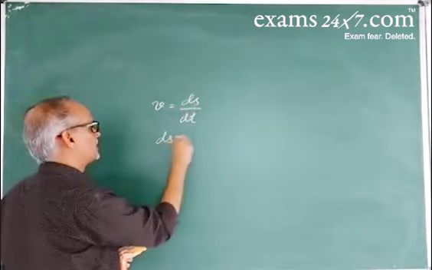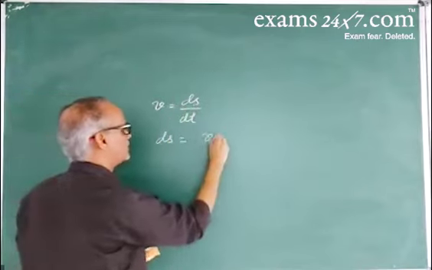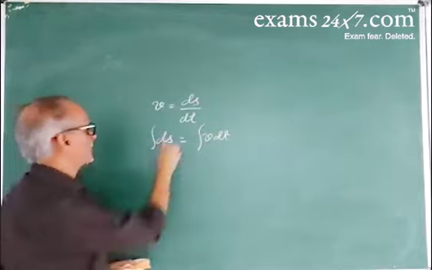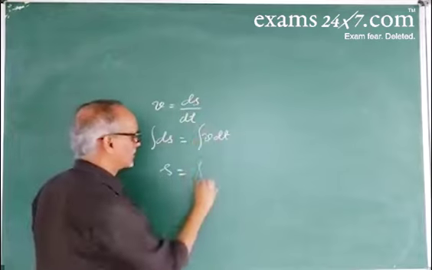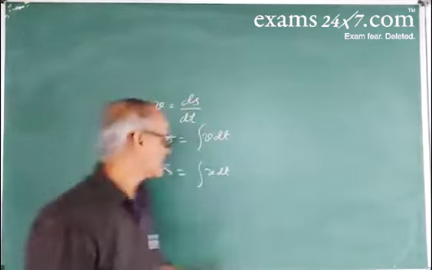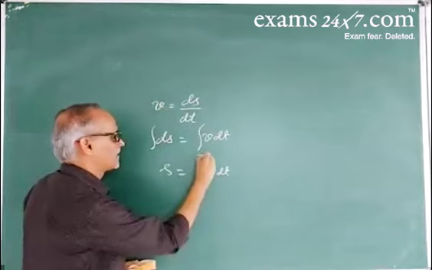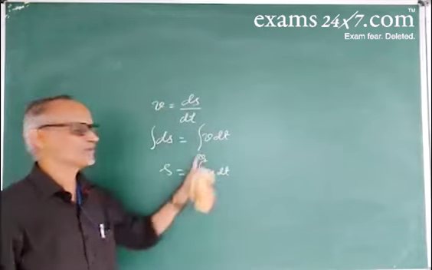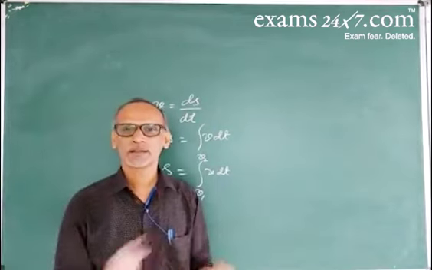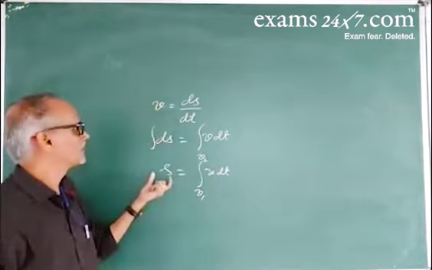So therefore, rearrange: ds is equal to v into dt, and then on integrating, we'll get s is equal to integration of v dt. And if you know the initial velocity and the final velocity, you can always use the limits here, v1, v2, and the moment you use the limits, the integration constant is always 0. So we don't get an integration constant, so that you can find the value of s.